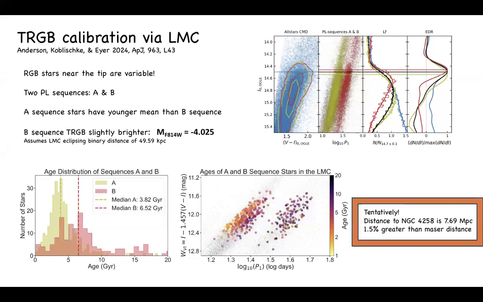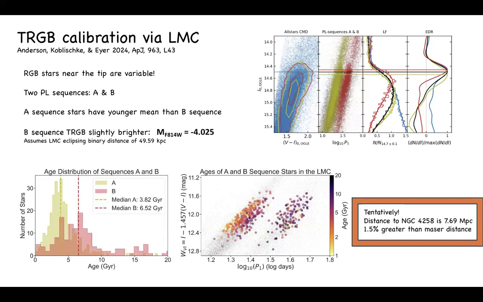But at any rate, assuming the distance to the LMC as given by eclipsing binaries, we get this calibration here for the tip of the red giant branch in the HST filter F814W.